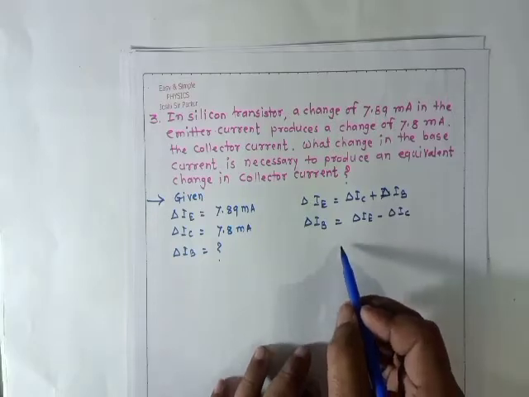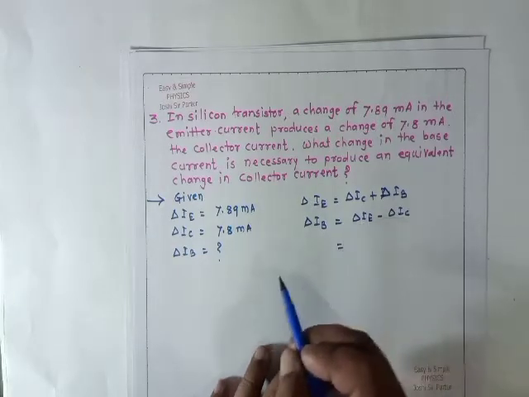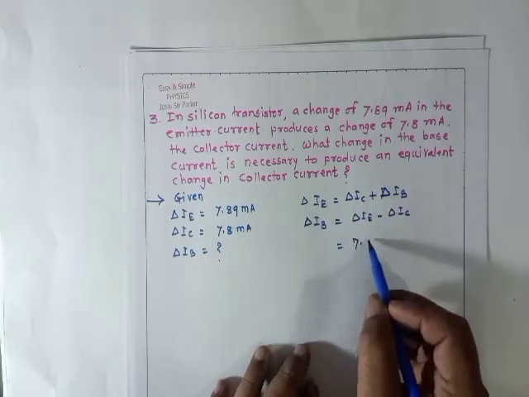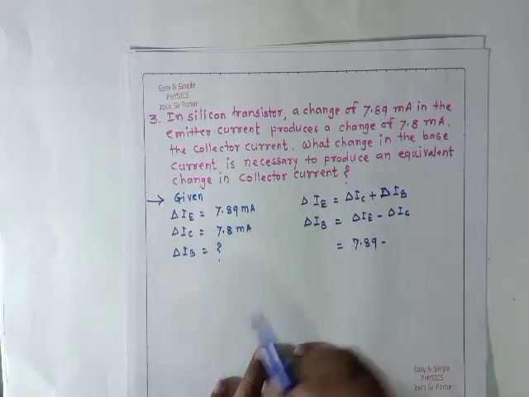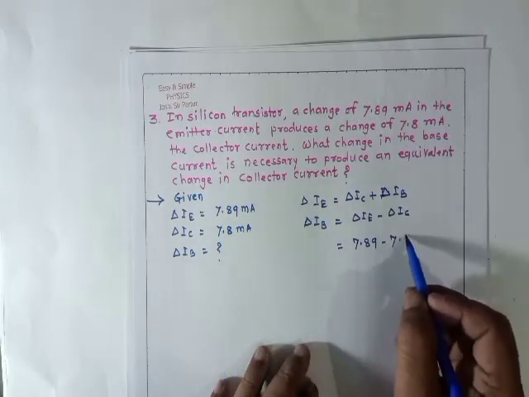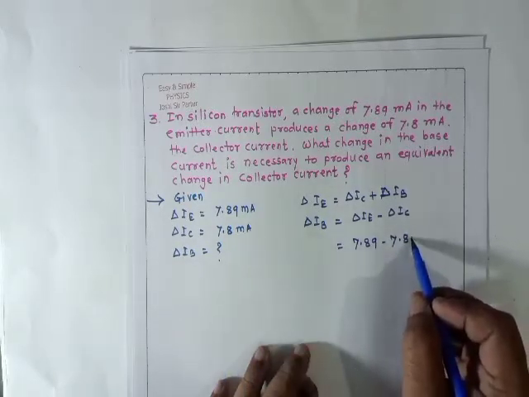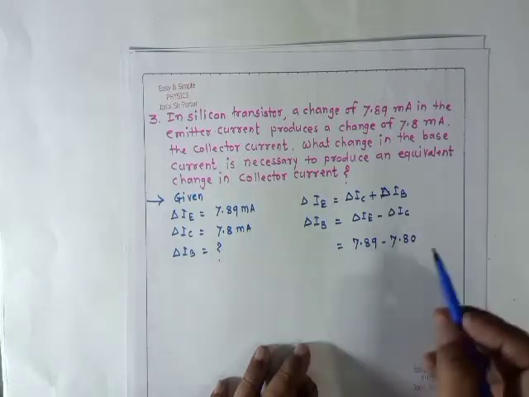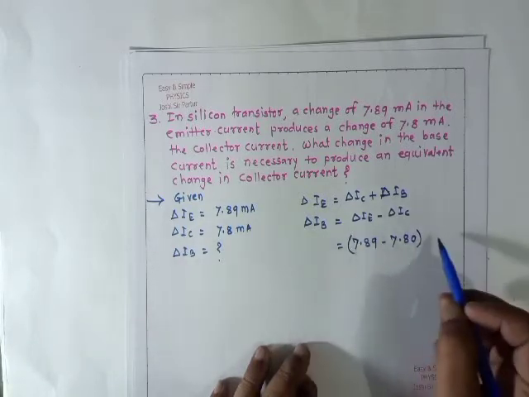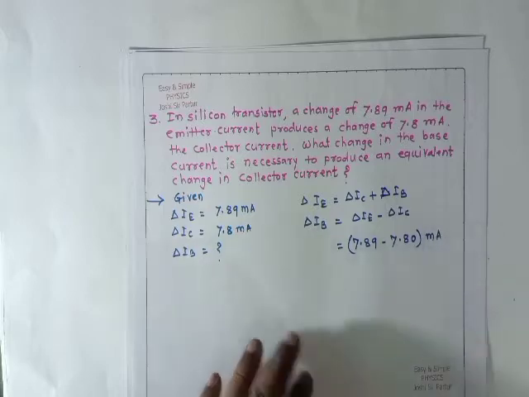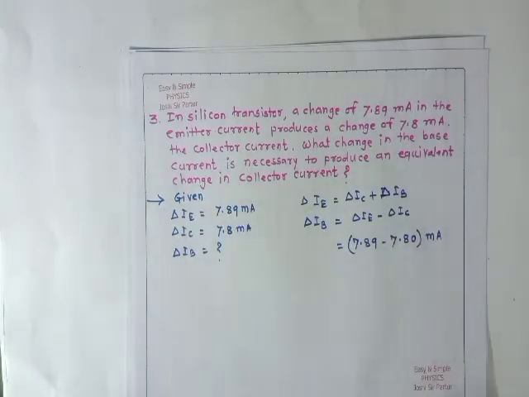So if we substitute delta IE, that is 7.89 minus 7.8, here milliampere, because both are the same milliampere.